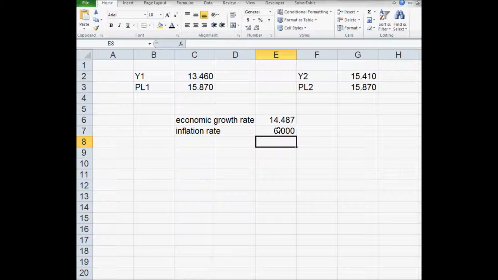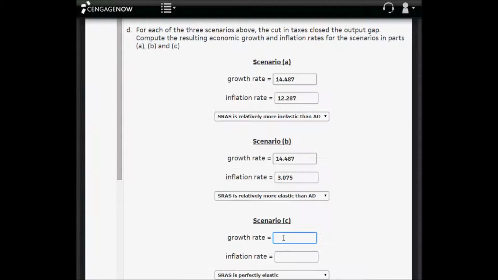So the inflation rate has dropped to 0%. The economic growth rate is still 14.87%. So again, as the short-run aggregate supply curve gets relatively more elastic, the inflation rate goes to 0.